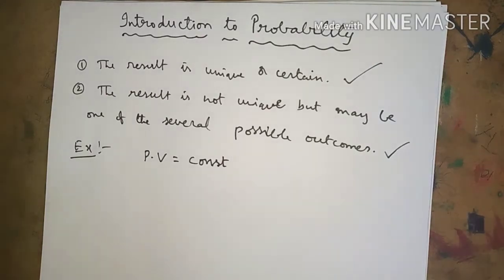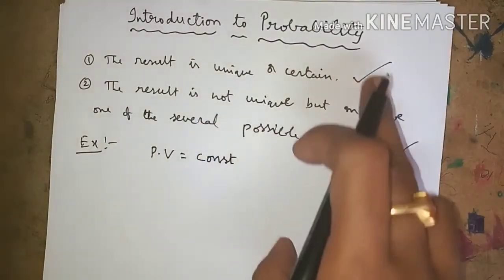If you do it like this, you will get the answer in this way. You can predict that it is a certain result. That's why such a phenomenon is called one where the result is unique and certain.